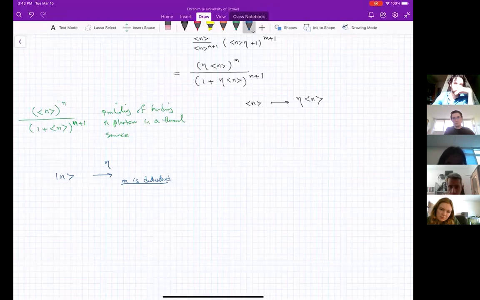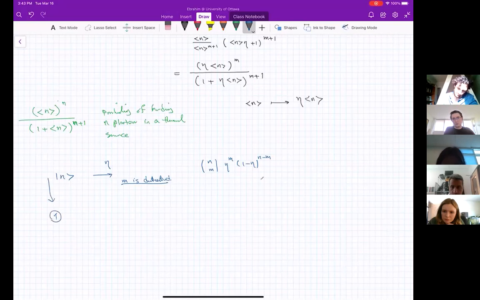Wait, won't it be just the Bernoulli distribution we saw at the very start? Exactly, this is what we start with. It is n over m, eta power of m, 1 minus eta power of n minus m. That's all. Previously the probability was 1, and now the probability has been decreased to this.